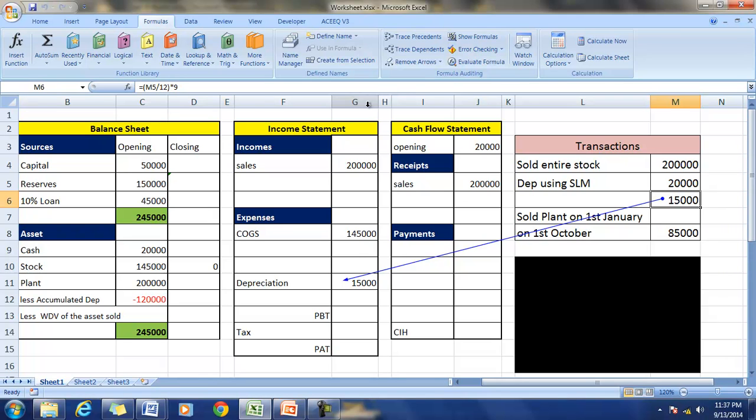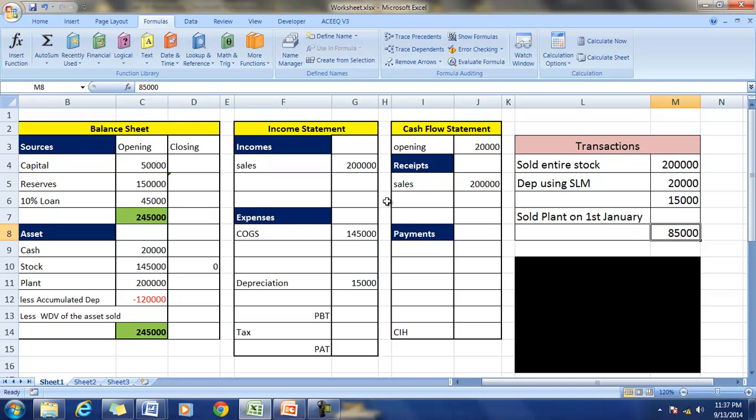So depreciation for the period of 9 months is 9 by 12 of 20,000. And on 1st January the plant is sold. On 1st January the plant is sold for 85,000.